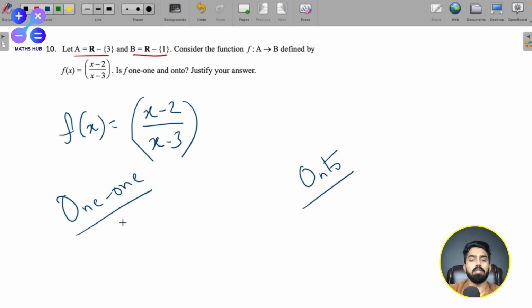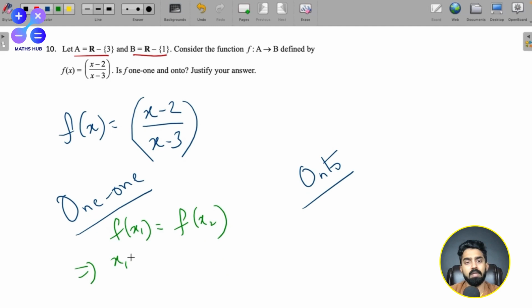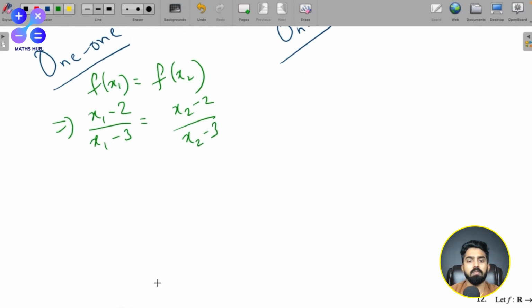Right. Now the usual drill. So f of x1 equals f of x2. This means if you plug this in here, (x1 minus 2) by (x1 minus 3) equals (x2 minus 2) by (x2 minus 3). If you cross multiply, I'm just directly going to multiply it.